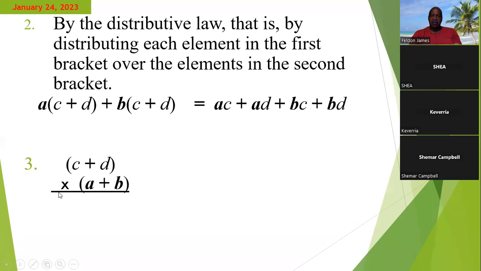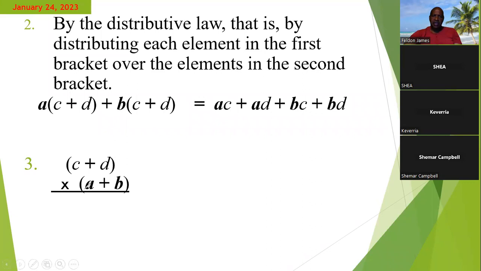Now, this is a third way of distributing the brackets. We write it in this fashion to mimic what we used to do when multiplying numbers, but it still applies distributively.